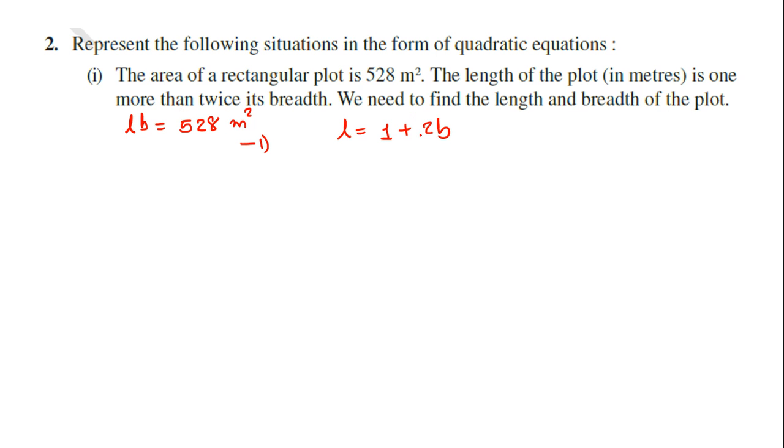So twice its breadth means, if the breadth is, I'm just explaining, this is not the answer, if the breadth is equal to 2, then the length is one more than twice its breadth. So breadth into 2 because twice, so 2 2s are 4, and plus 1 because one more, so the length is 5. If the breadth is equal to 2, then the length is equal to 5.